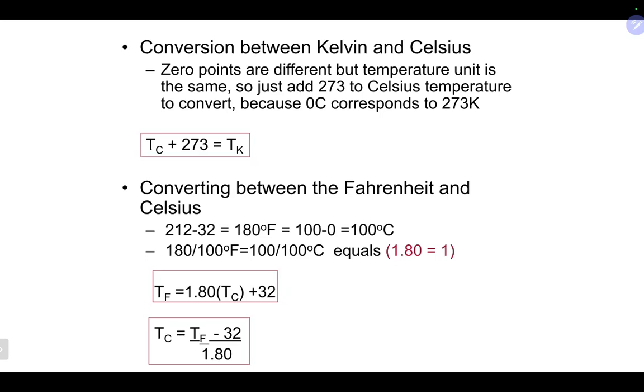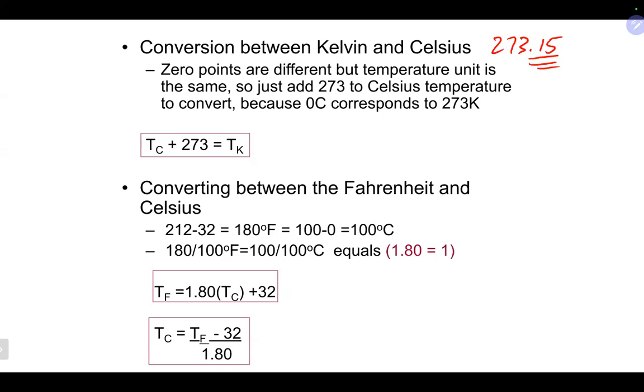You take the temperature in Celsius, you add 273 to it, and that will give you the temperature in Kelvin. The correct true number is 273.15. I would say most people don't use the 0.15 because it gets rounded off most of the time.